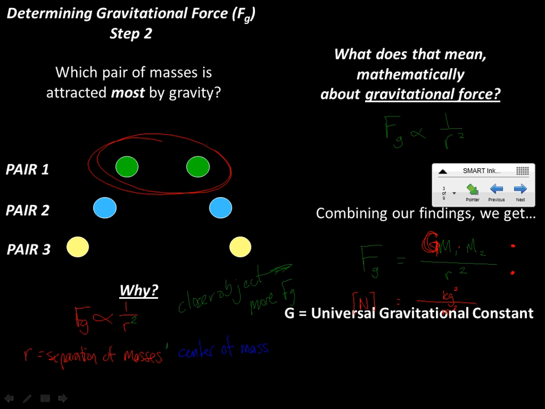One, it makes the numbers work out. It's a constant of proportionality. Two, it makes the units work out, right? And so the units, well, first of all, I'll say that G is, by definition, 6.67 times 10 to the negative 11th.